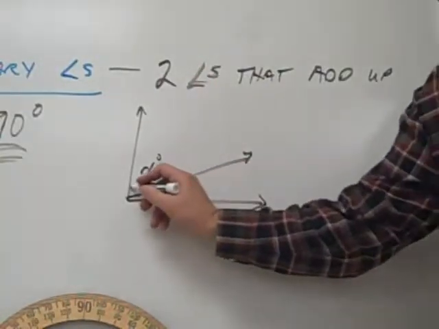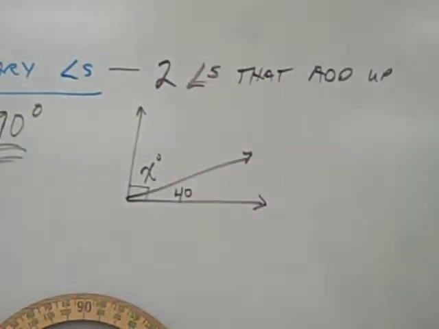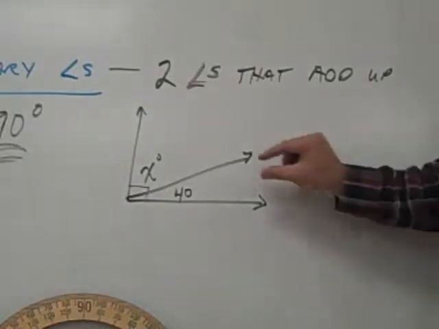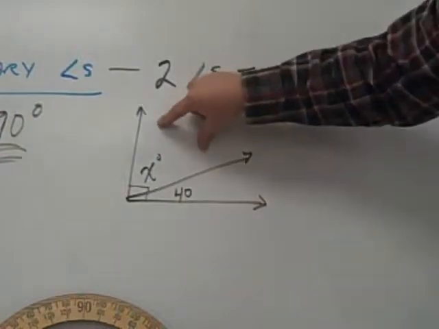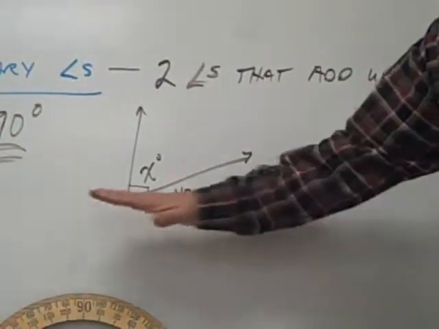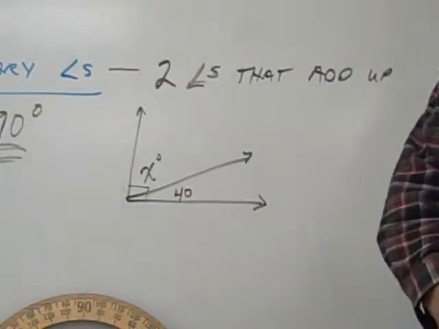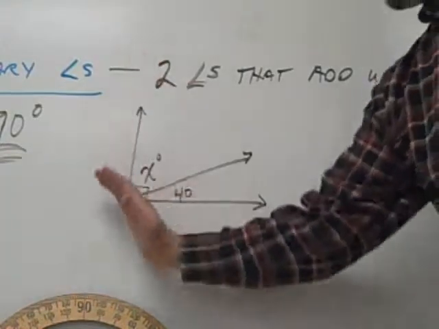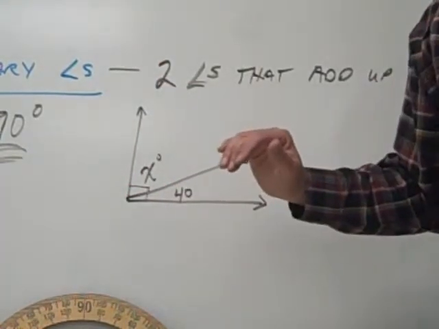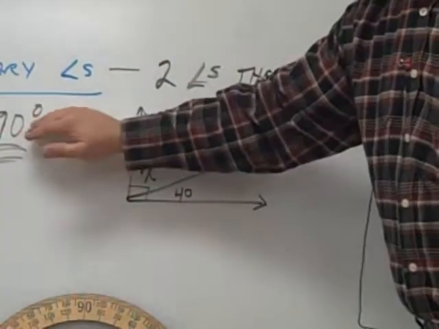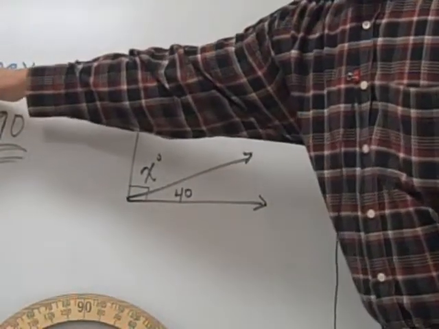These two angles are complementary, right? I see three angles. I see a tiny one, I see a bigger one, and I see a right angle. If it's a right angle, how many degrees is it? 90. So that must mean it's complementary.